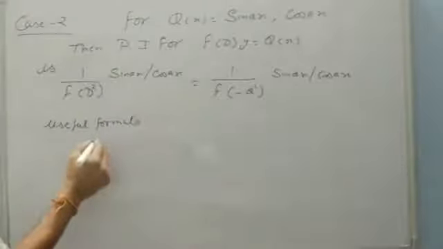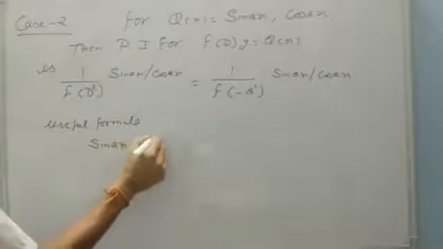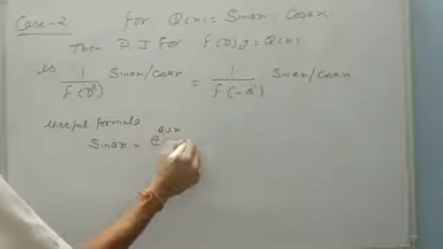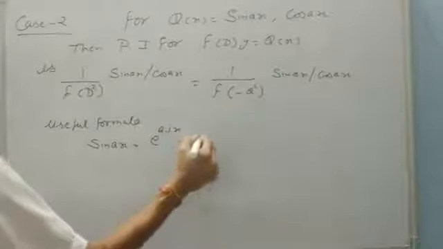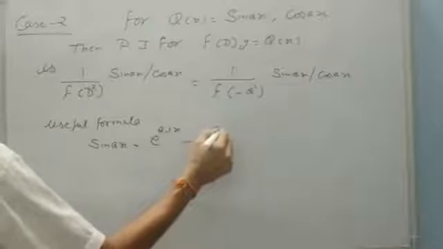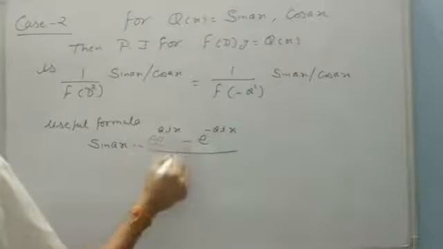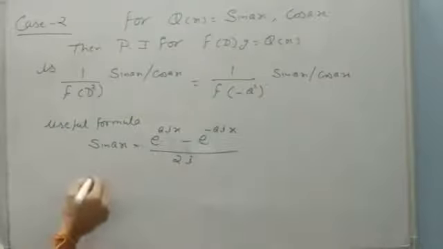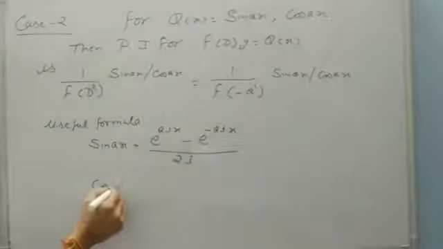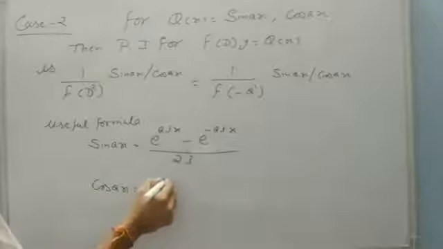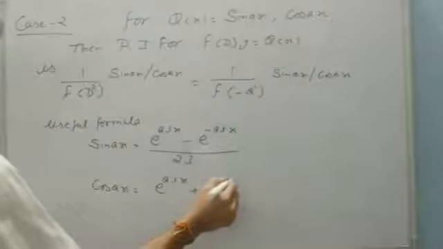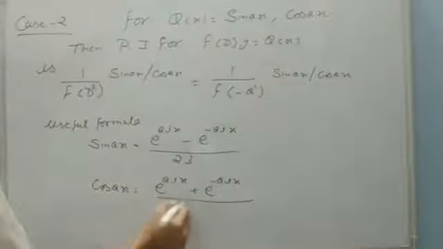We know that sine ax is always equal to e to the power a iota x minus e to the power minus a iota x upon 2 iota, and cos ax is e to the power a iota x plus e to the power minus a iota x upon 2.